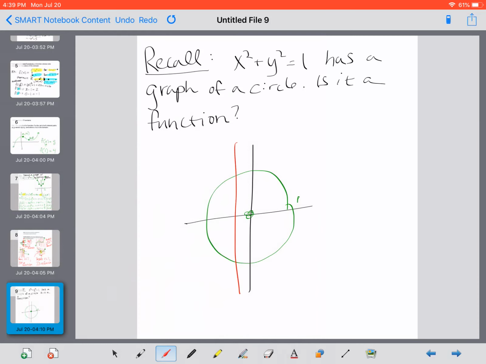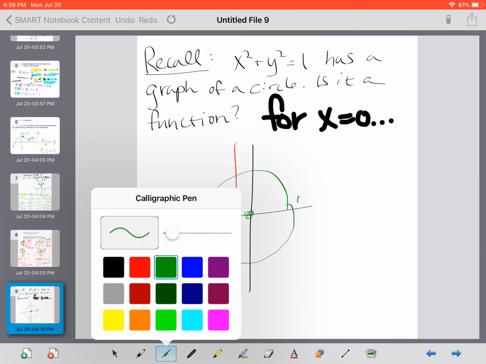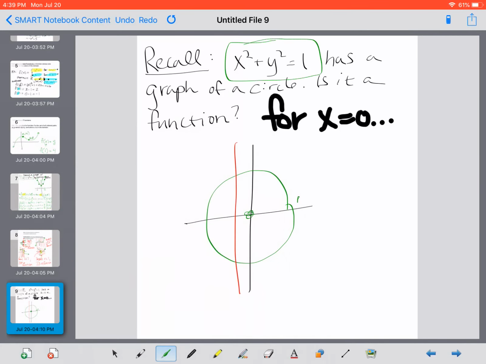To give you a specific example of why it's not, though, consider the x value of 0. For x equals 0, what would the output of this function be? Well, we need to have 0 squared plus y squared equal to 1.